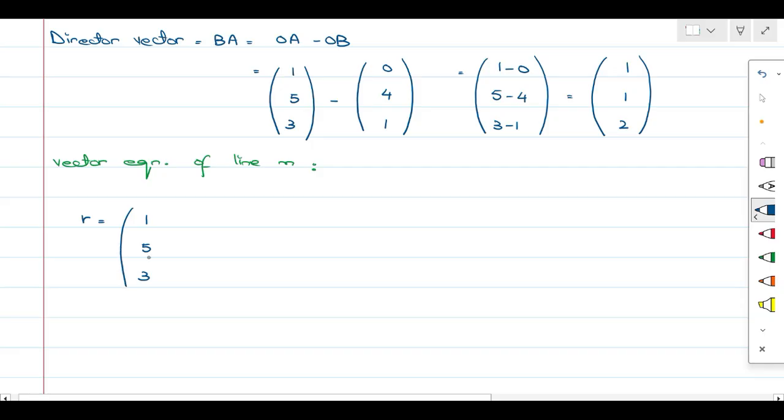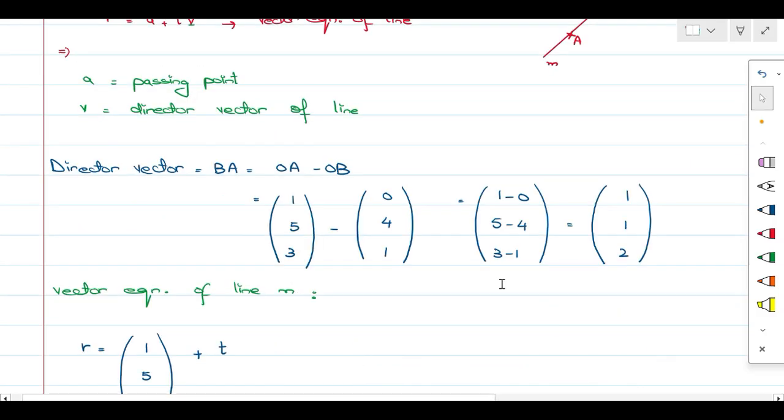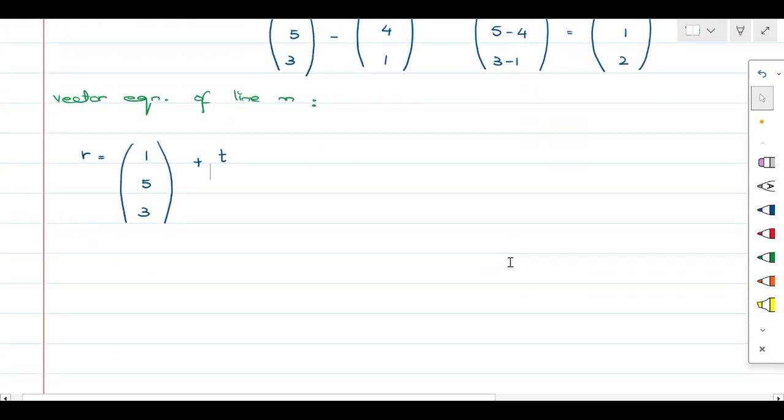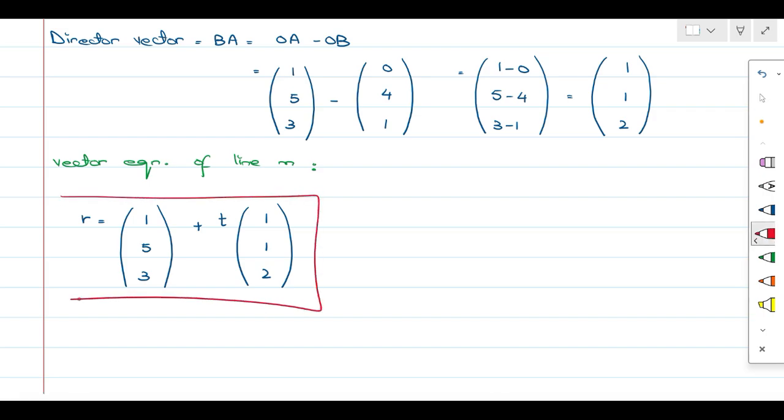Plus t times the direction vector (1, 1, 2). This is a direction vector. Okay, so you can take the passing point B as well. So here you can put the passing point B, and you can take the direction vector AB as well. You will get the same answers, right? So this is how you have to calculate the vector equation of a line.